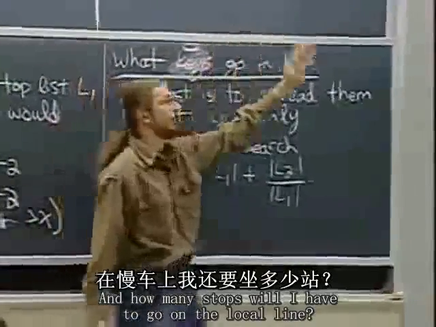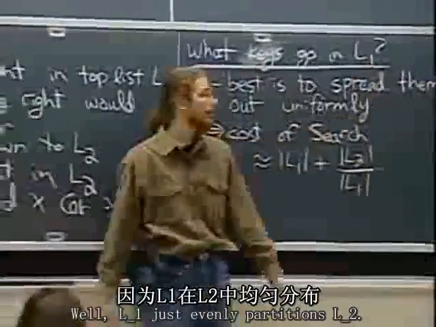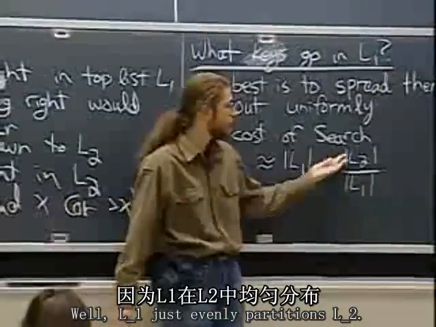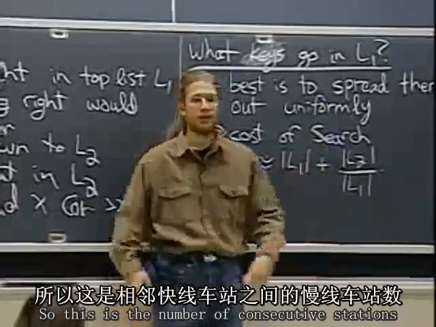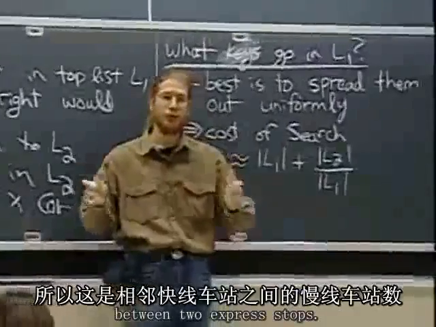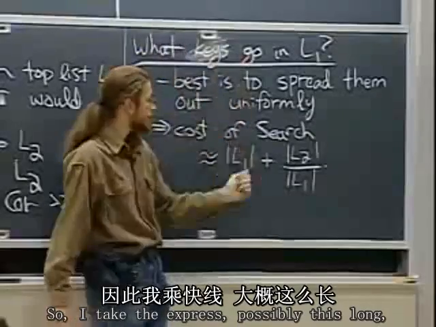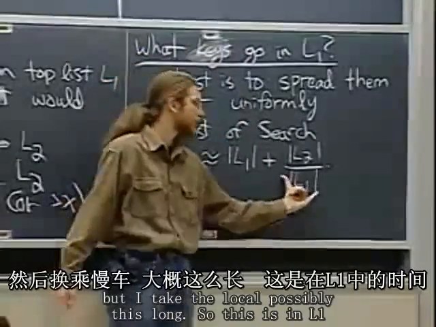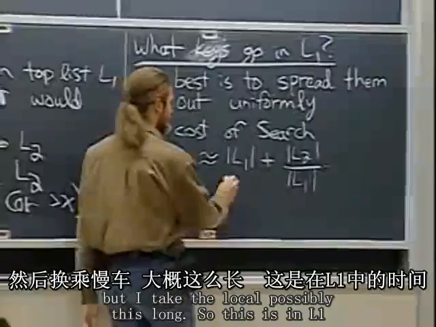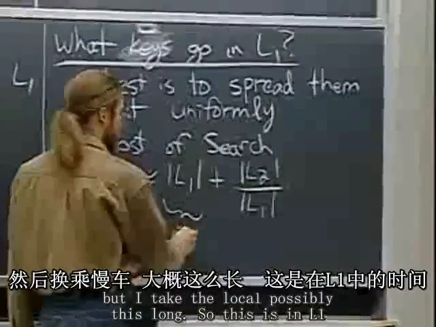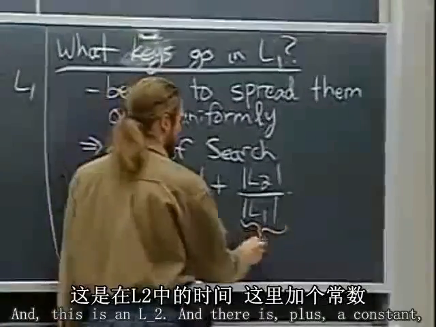And how many stops will I have to go on the local line? Well, L1 just evenly partitions L2. So this is the number of consecutive stations between two express stops. So I take the express possibly this long, and then I take the local possibly this long. So this is, say, in L1, and this is in L2.